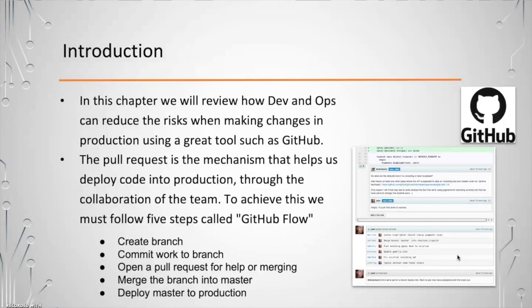When we need feedback or help, or when they think that the branch is ready to merge in, they open a pull request. When they get the desired review and get the necessary approval, then the people can merge into the master. When the code changes are merged and pushed to the master, the people deploy them into production.